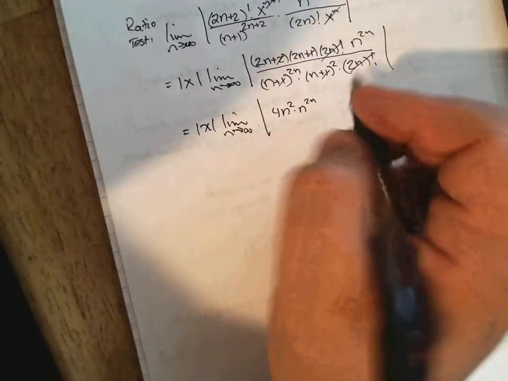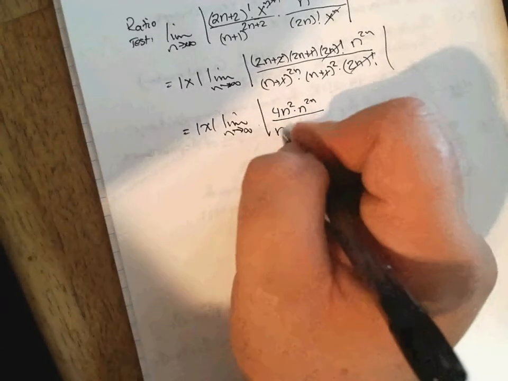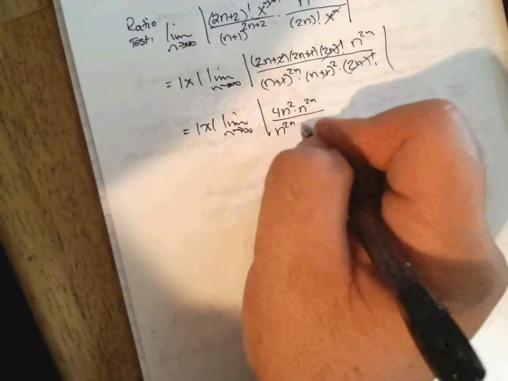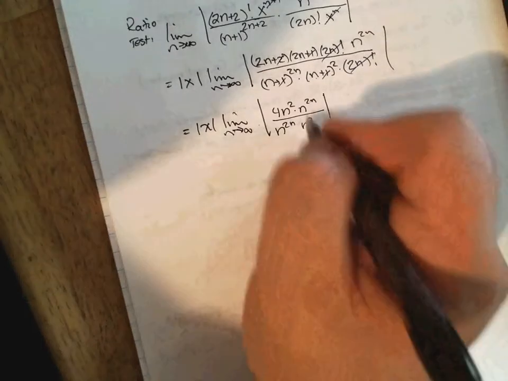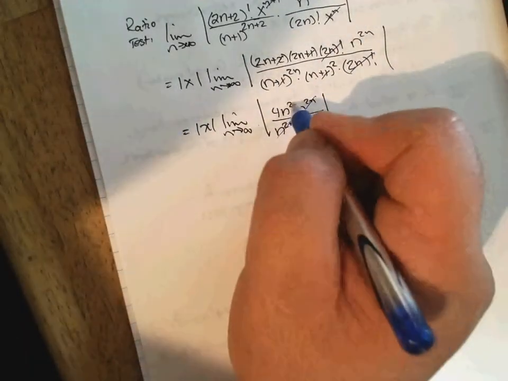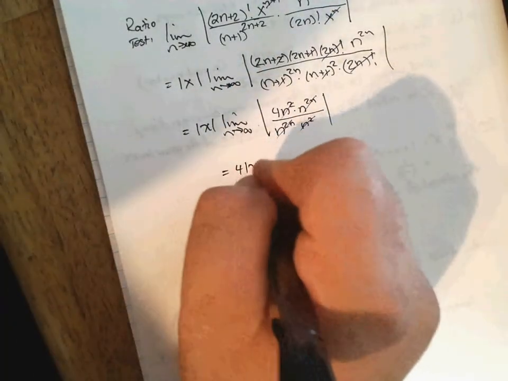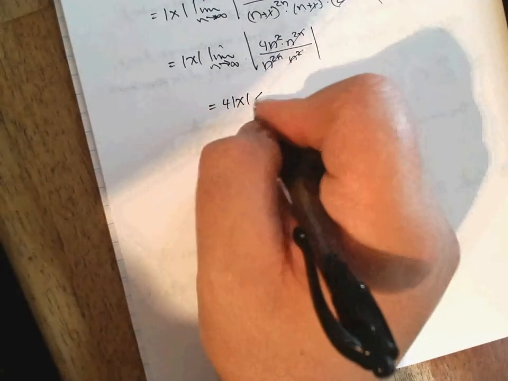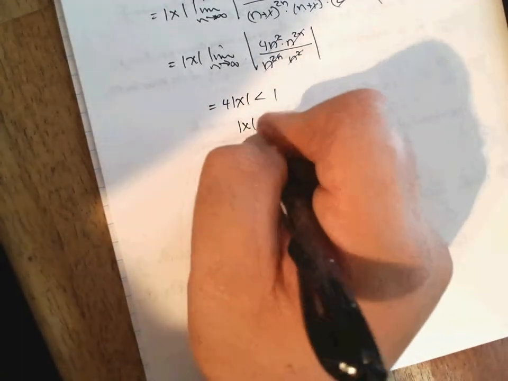The plus 2 and the plus 1 make no difference as n goes to infinity. Just like down here, the plus 1s make no difference as n goes to infinity. So in the bottom, n to the 2n and n squared. Now, n to the 2n cancels, n squared cancels, and you've got just the 4 there.